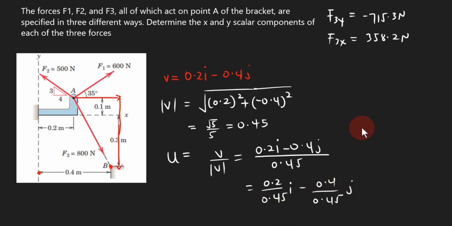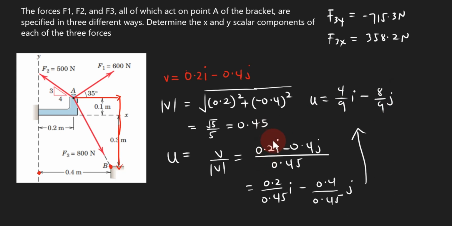So let's simplify this and see what we are going to get. So we have the unit vector to be 0.2 divided by 0.45, that gives me 4 over 9i, minus 0.4 divided by 0.45, which gives minus 8 over 9j.